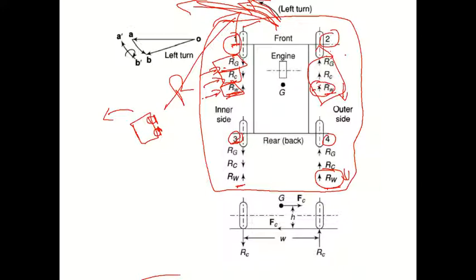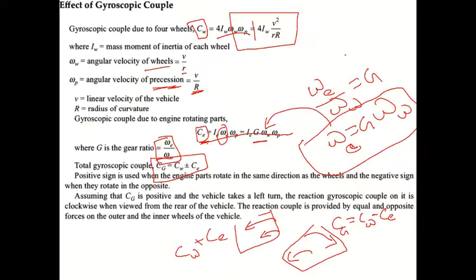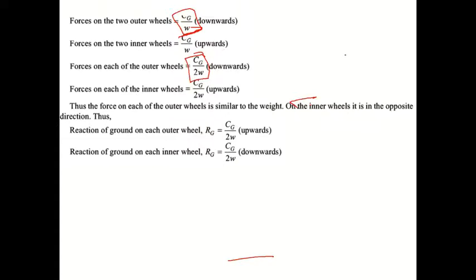In the inner wheel, Rg and Rc values will be downward, and Rw value will be upward. In all the wheels Rw value should be upward, remember this point. In other words, Rg plus Rc will be equal to Rw. For Rg, the formula is Cg by 2W.